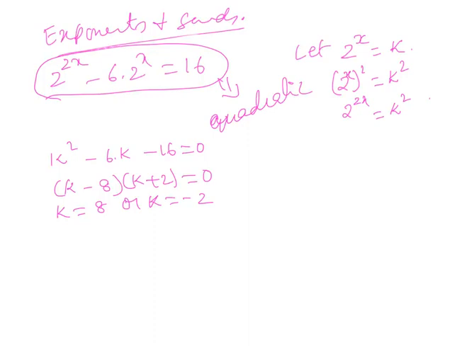Remember the question is to solve for x, so I have to replace k with 2 to the power of x, which is equal to 8 or 2 to the power of x is equal to negative 2. Now I apply the laws of exponents: equal bases will have equal powers, therefore x is equal to 3 in this case.